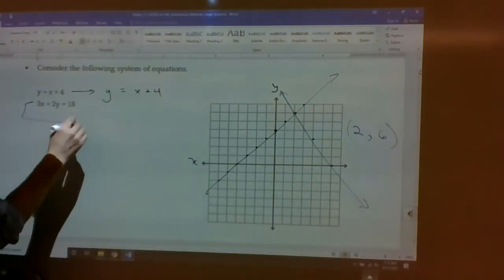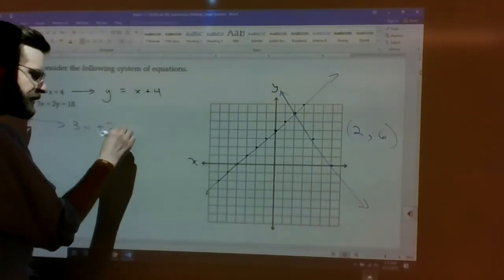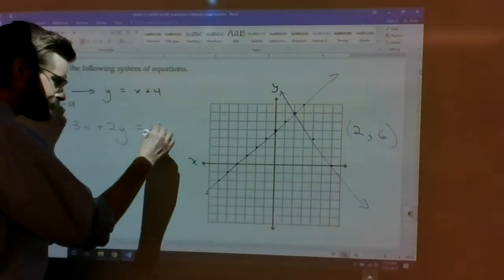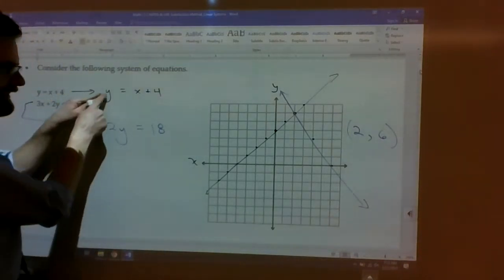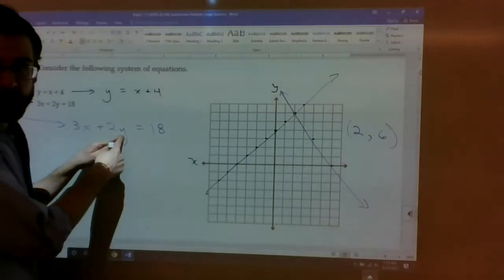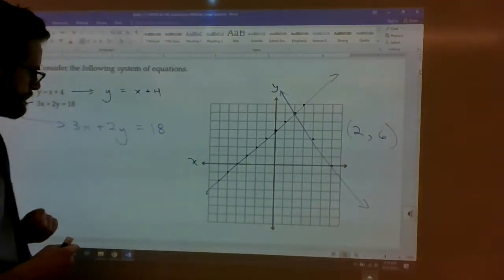Instead of getting y by itself for both equations, I recognize that there is a y here and a y there. There's a y in my first equation, there's a y in my second equation.